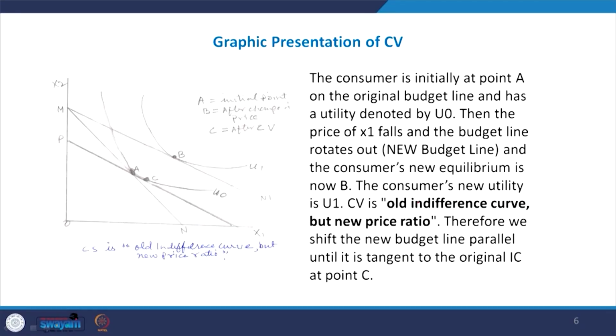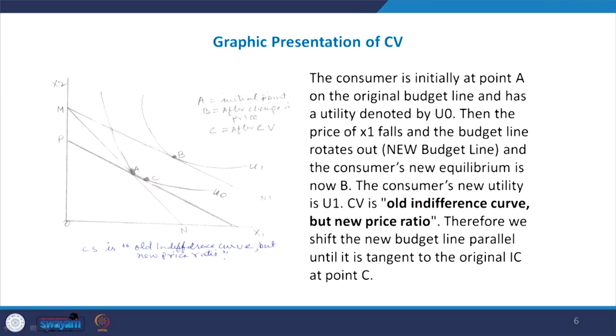I can explain this compensated variation through this graph. In this graph we have one indifference curve, the initial indifference curve, U0, representing the initial level of utility, and equilibrium of the consumer is attained at the point where the slope of the price line, which is MN, is tangent at point A. So, equilibrium or optimization of utility is achieved at the point where the slope of the indifference curve is tangent to the slope of the price line, or price ratio, of the two products x1 and x2.